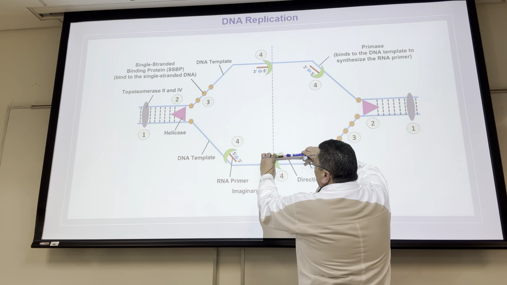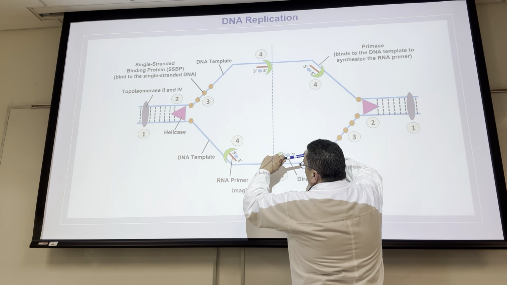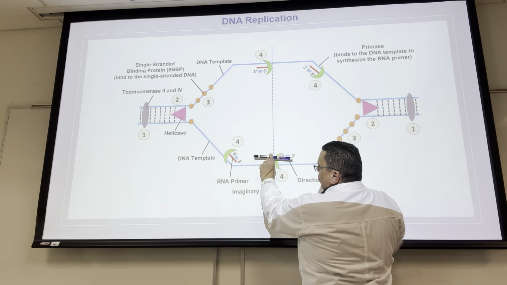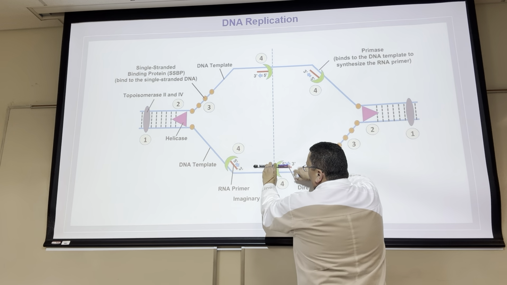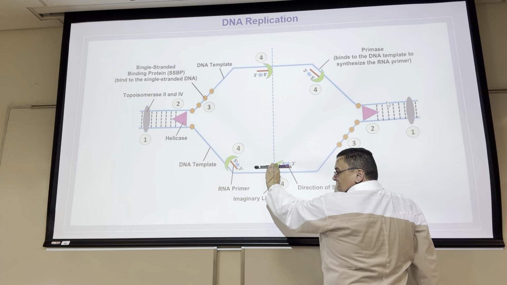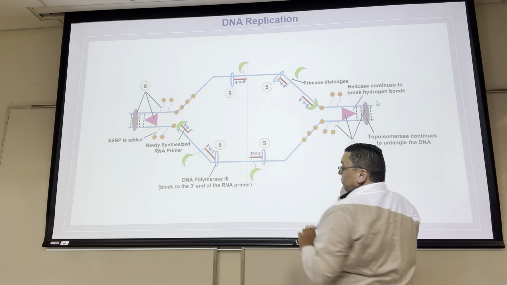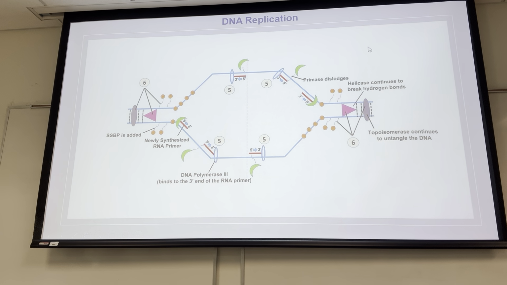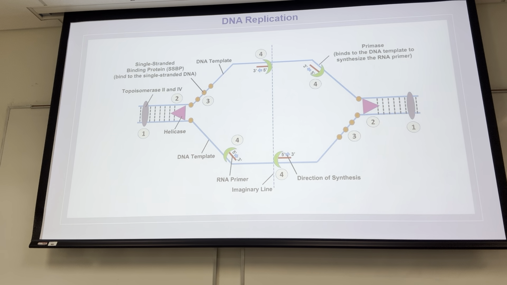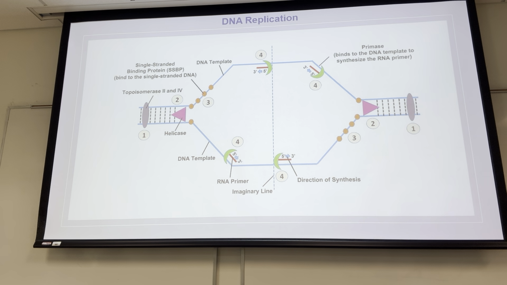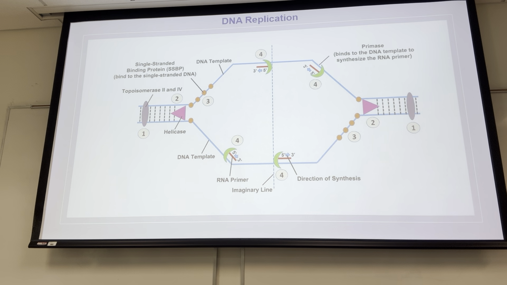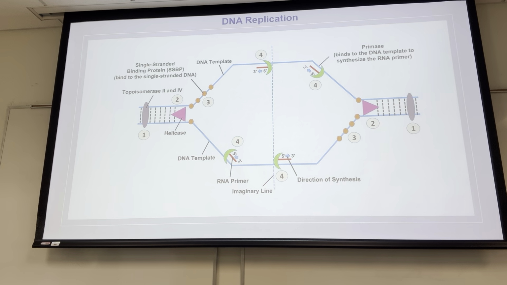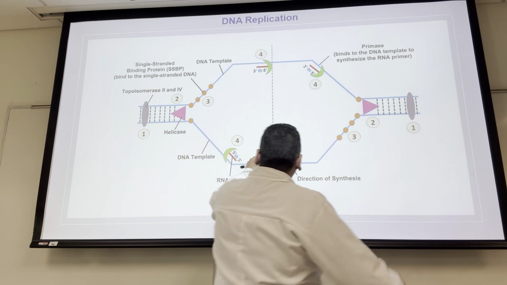Look at this over here. Here's the primer. Let's say this is the RNA primer. What's at the 3' end? Hydroxyl. Let me try it again. What's at the 3' end again? Hydroxyl, right? Watch this. There.